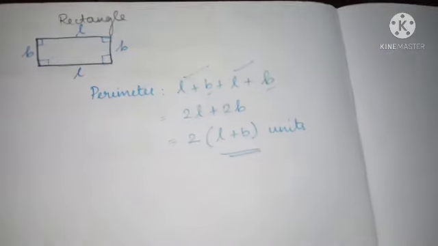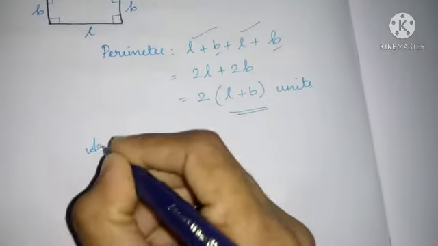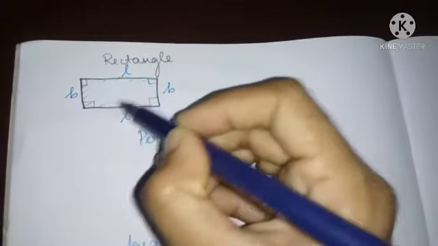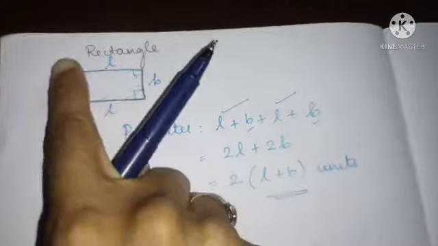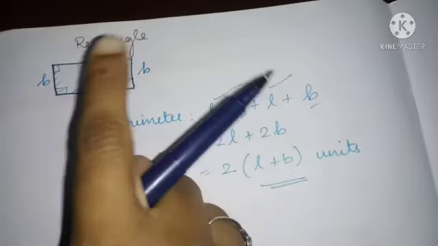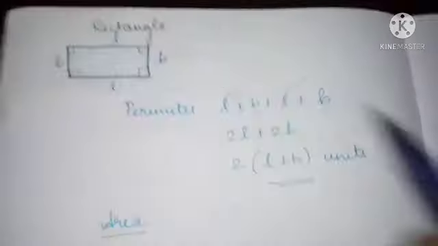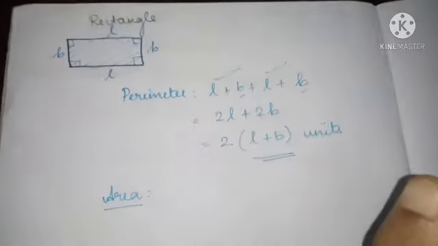Next comes our area. Area means what? The region inside the boundary. So this is one closed figure, so we have area inside the boundary. So this shaded region we are going to find. If you want to find the area, you have to multiply this side and this side.